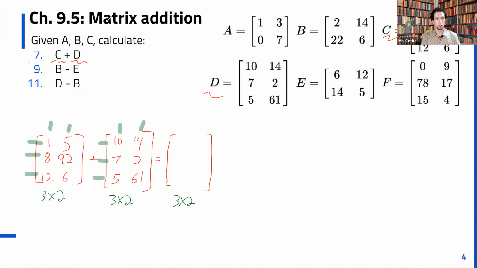So here we have first position, row 1, column 1, and we take row 1, column 1 in the second matrix, and then we just add them. So 1 plus 10, that's 11. And we do the same thing for all of the positions. Just find the matching position on the other side, add them together, and that's it. 5 plus 14 is 19. Okay, tell me what the rest of the values are here. Next row. 8, 7.